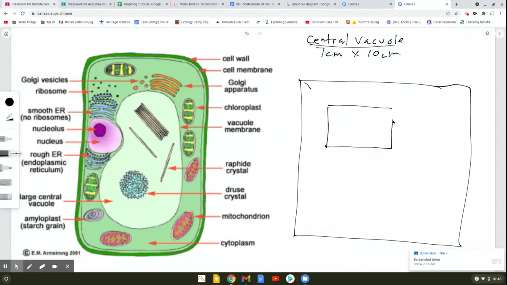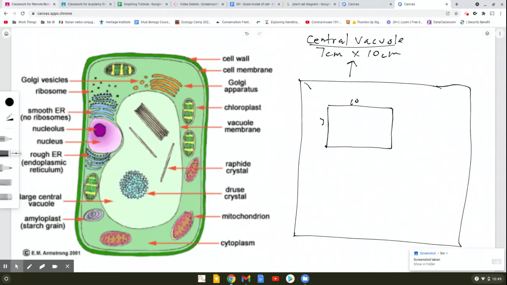I don't want you to just draw a perfect rectangle, okay? This is not what the cell actually looks like. So I want you to draw some of these shapes in here that are already labeled for you. Draw what they actually look like, and make it roughly this size. So please don't draw a bunch of perfect circles and perfect rectangles or squares in your cell. I want you to draw what it actually looks like.